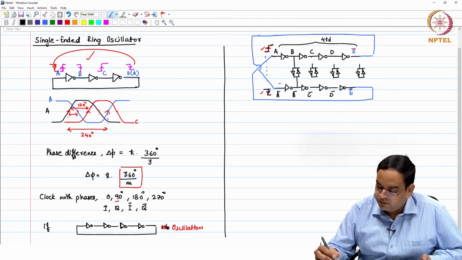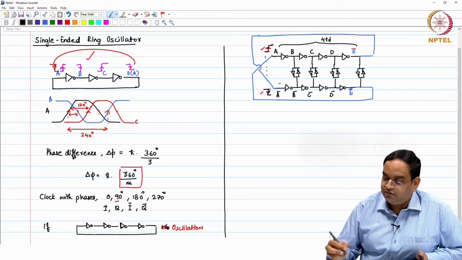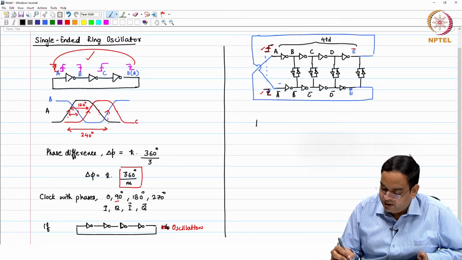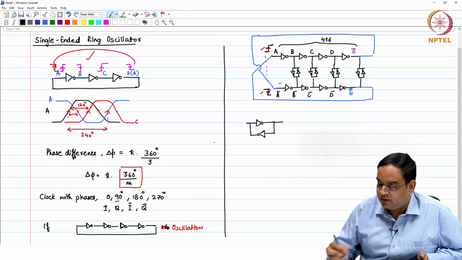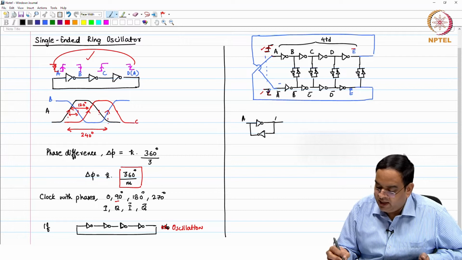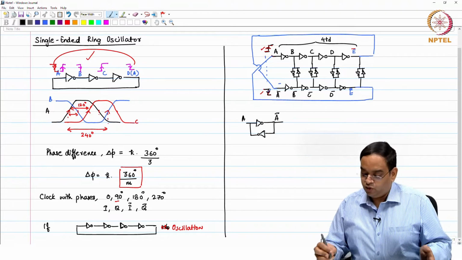And this cross coupled inverter I am going to connect at each output. So, this is connected like this. So, what is this cross coupled inverter doing? Let us just look at it. So, you have an inverter connected in this manner like this. You connect between A and A bar and B bar and so on.